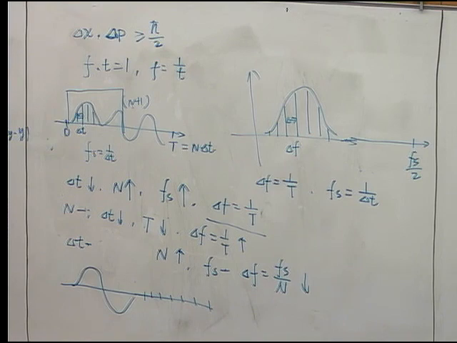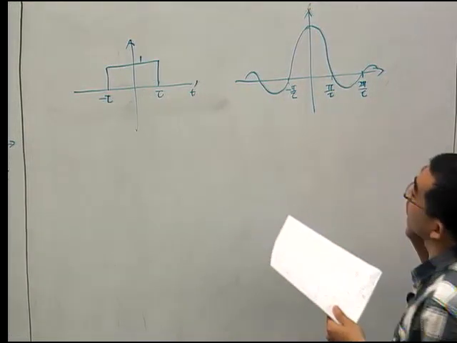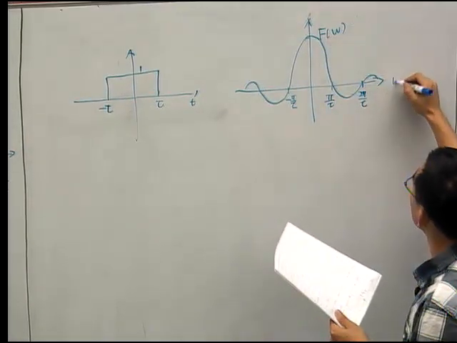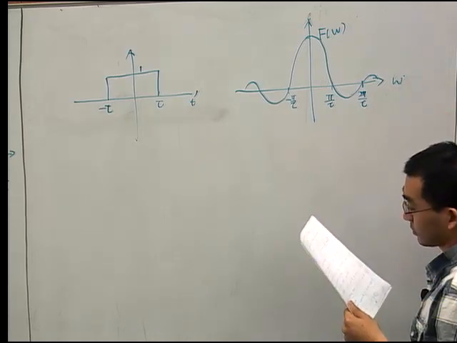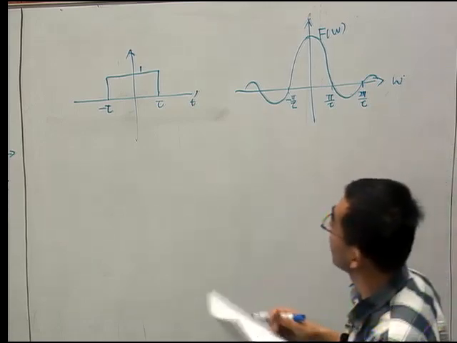It's something like this. Here is pi over tau, this is 2 pi over tau, this is the 0 point, and this is minus pi over tau. This is F of omega. This is omega.